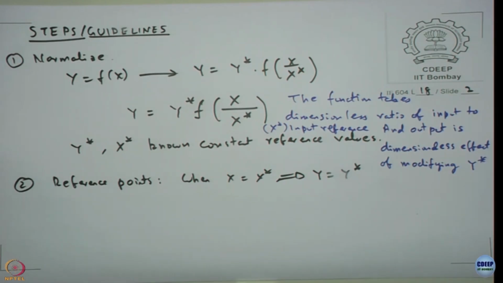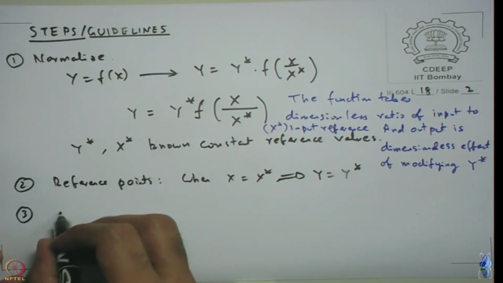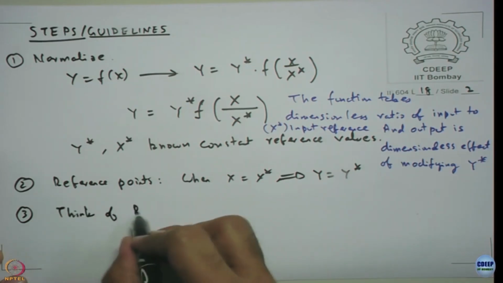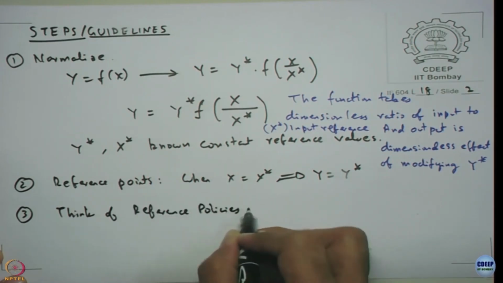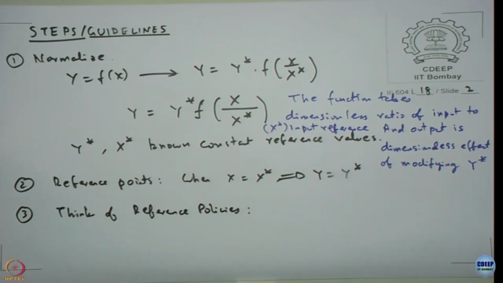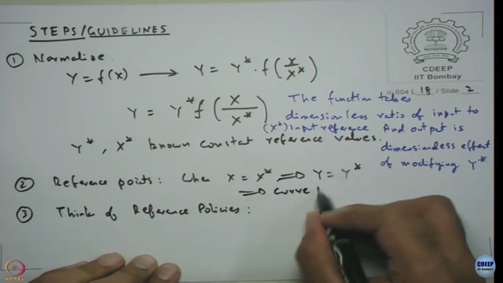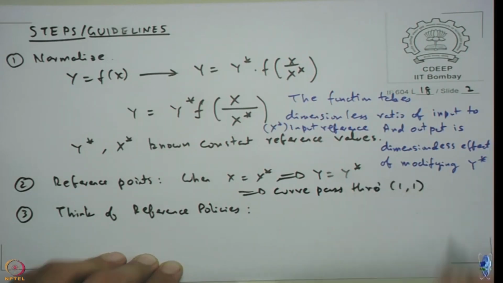Once you have the reference points, suppose we have a few points, then we can think of what we call reference policies. Suppose here we say the reference point is when x is x star, then y equals y star. This implies that the curve passes through 1 comma 1.